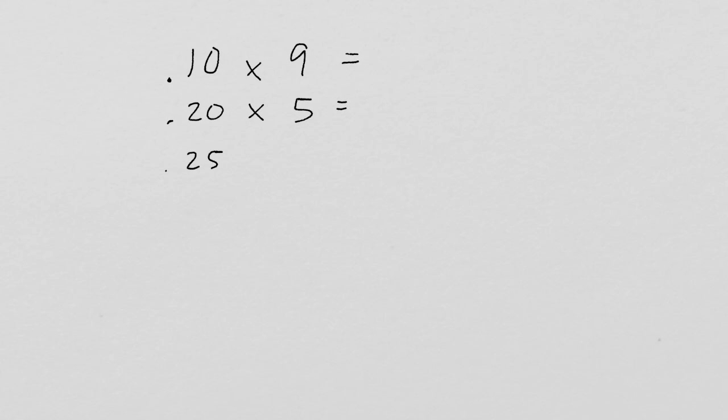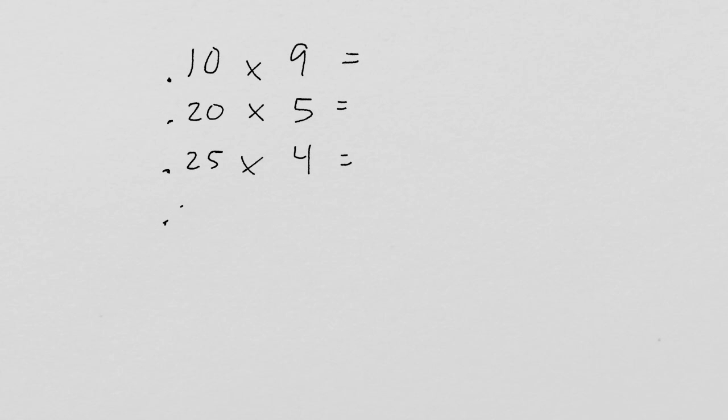If your number ends in something like 0.1, we're going to multiply it by 9 to get back to a whole number. If it ends in 0.2, we multiply it by 5. If it ends in 0.25, we multiply by 4.